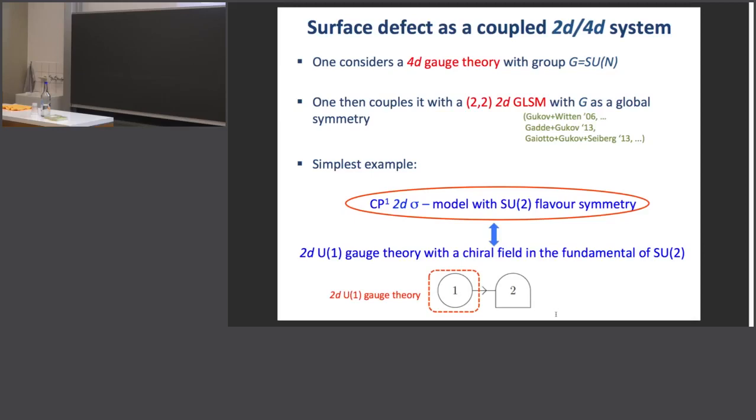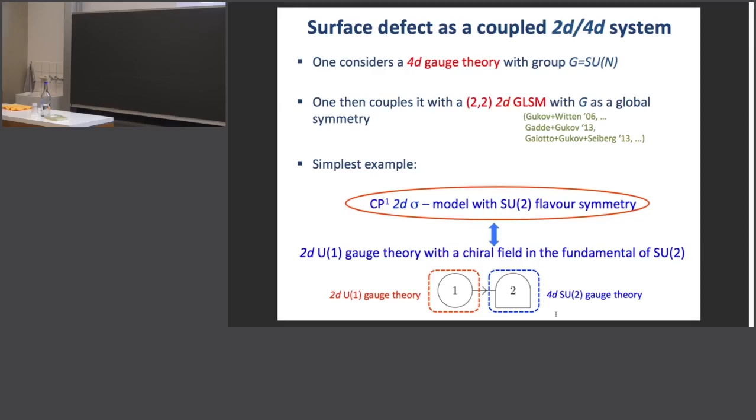left describes the two-dimensional part of the theory. So it's a U1 gauge group. This is a chiral field in the fundamental of SU2. So this, from the point of view of two dimensions, serves as a flavor symmetry group. But actually, this is a four-dimensional theory. It's not just flavor, it's also a theory in four dimensions.